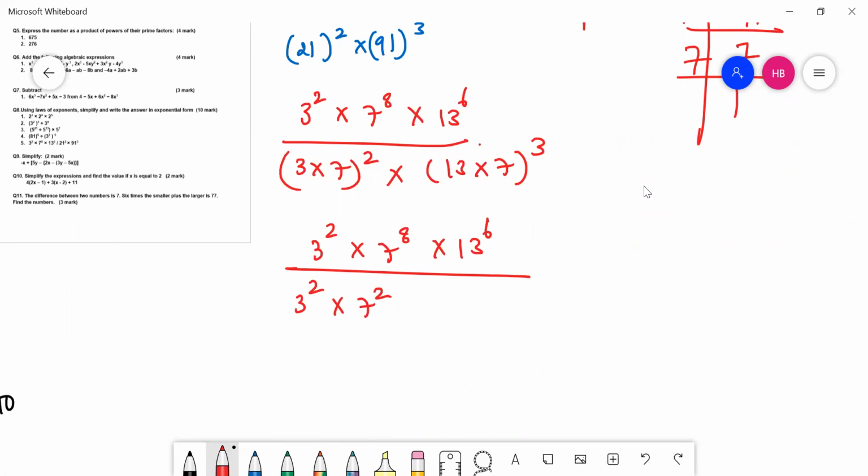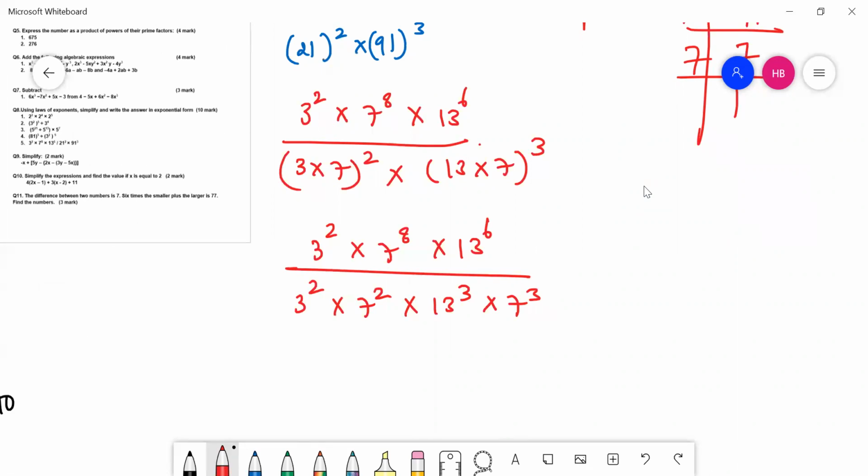Now I am just opening these brackets. So it will be 13 raised to power 3 into 7 raised to power 3. Now all I have to do is find the terms with the same base and apply the property.